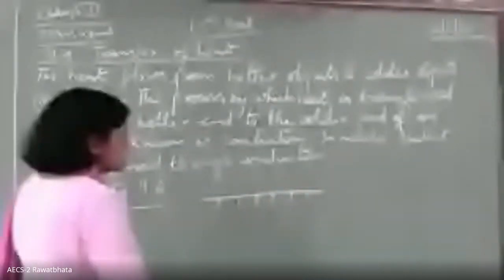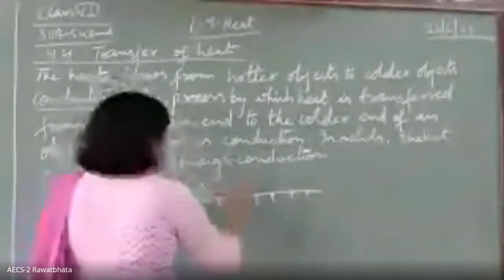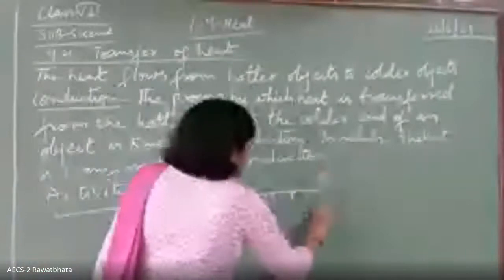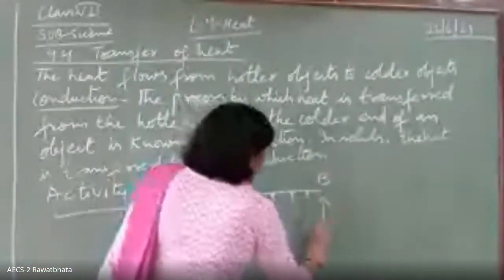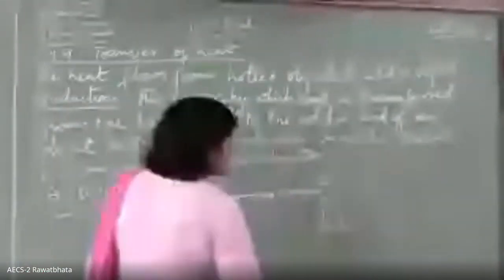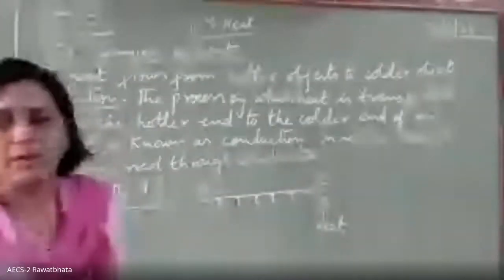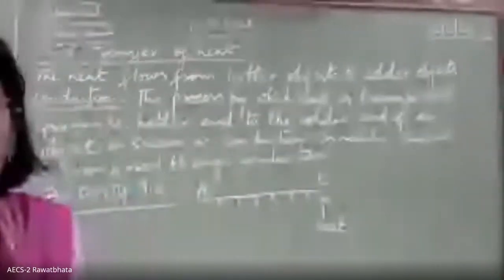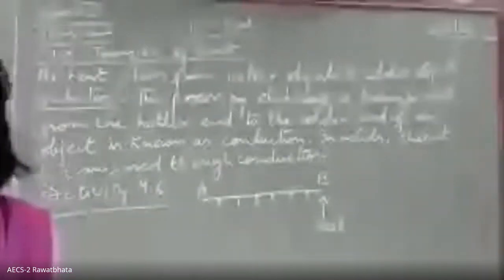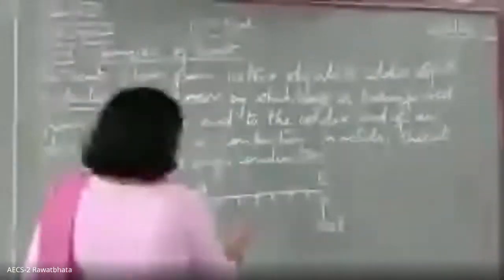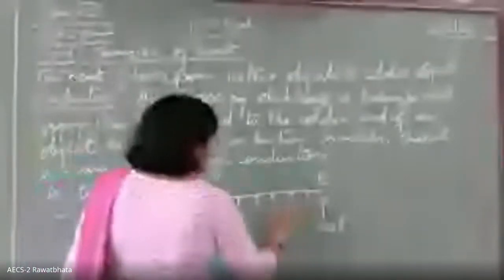Now we start heating this end. This is end A and this is end B, and we start providing heat to end B. I am labeling these nails as 1, 2, 3, 4, 5 and 6.